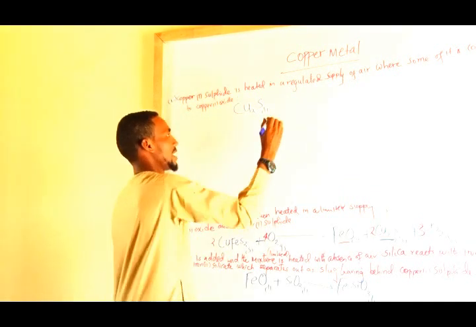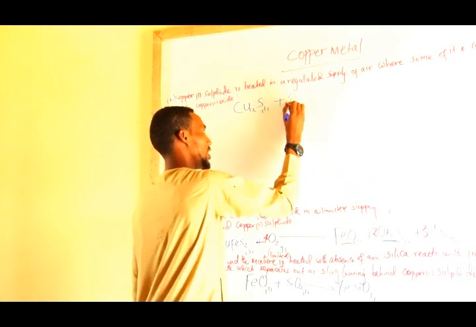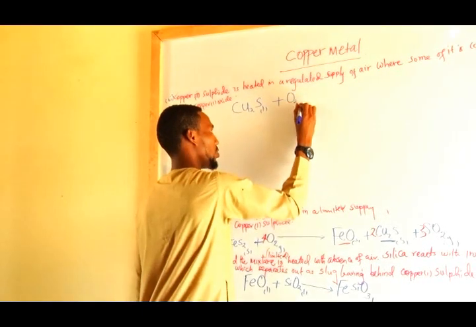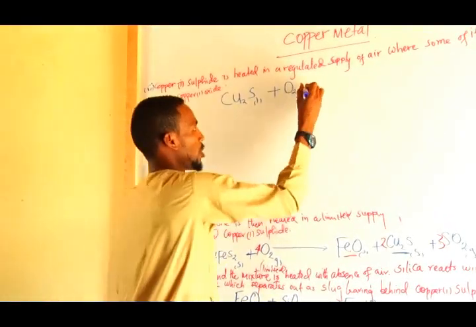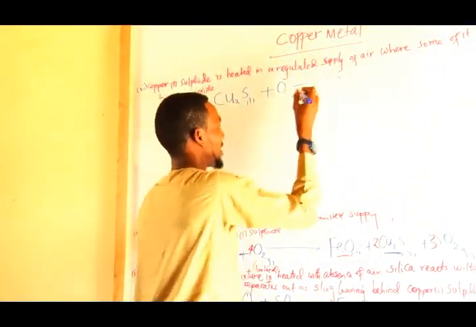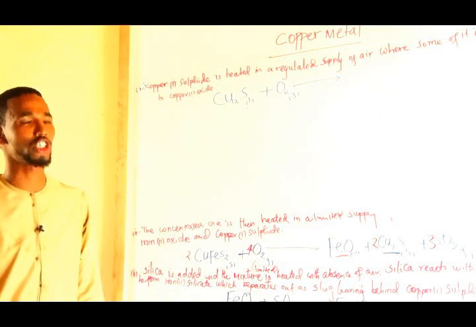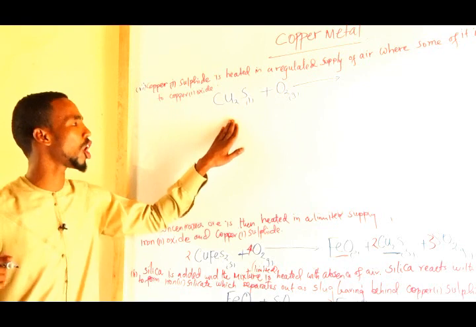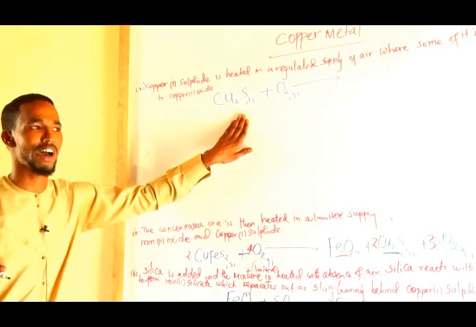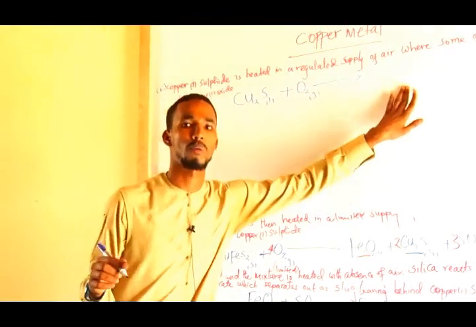Copper 1 sulfide, which was molten, when it is heated with a regulated amount of air, some of it is converted. Mark the word, some of it, not all the copper 1 sulfide is converted to copper 1 oxide.